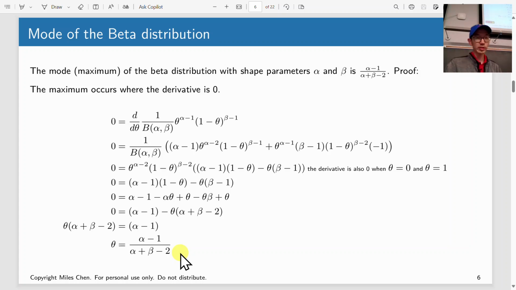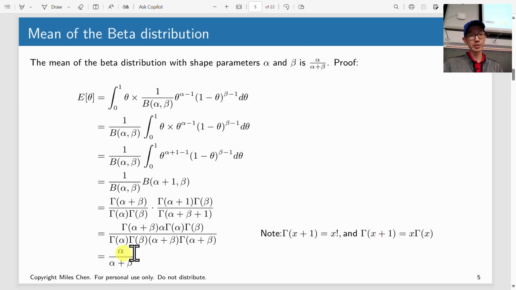And so we can see the mode tends to be slightly different from where the mean would be, okay? So if your mean is located at alpha divided by alpha plus beta, and alpha and beta are equal to each other, then your mean and the mode are at the same location.